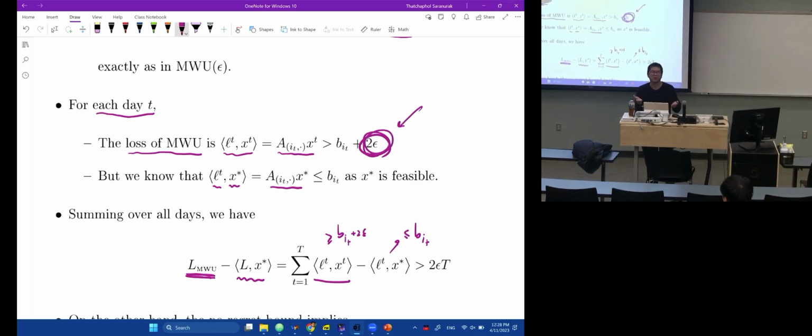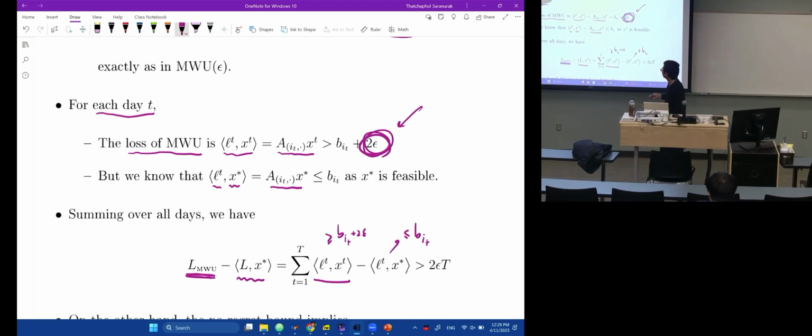But you know that the weight update algorithm guarantees no regret. So this cannot go on forever. Just from intuition, you know from last time that the weight update algorithm should have no regret.